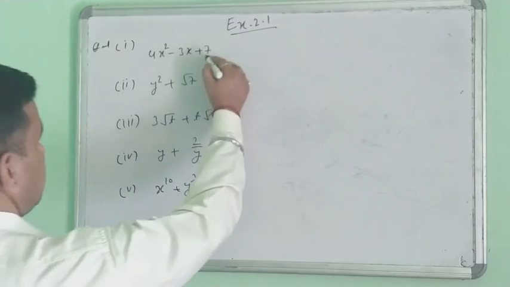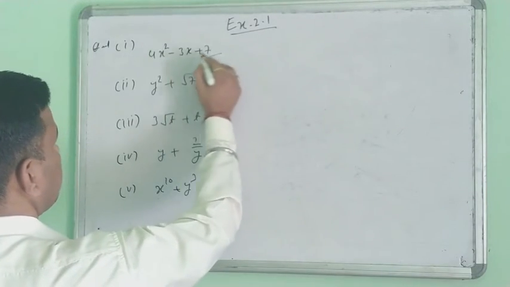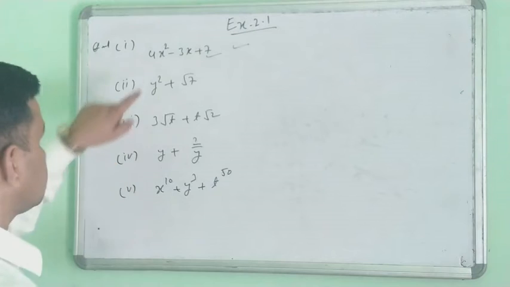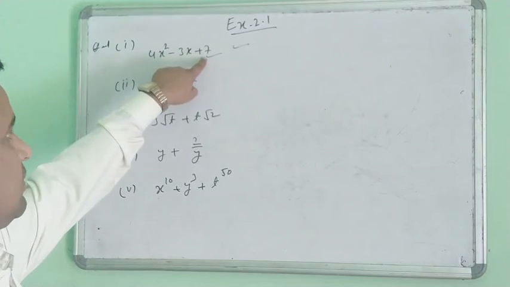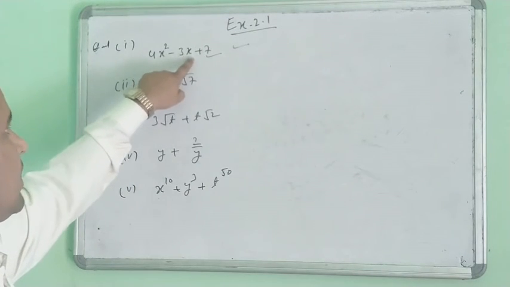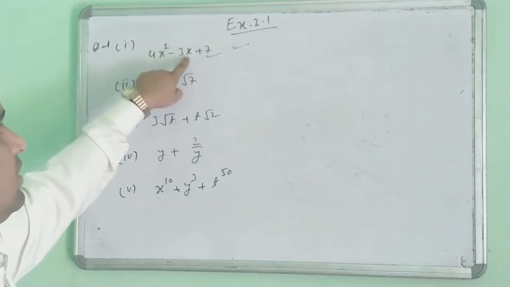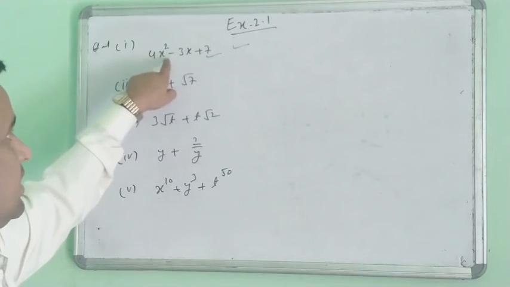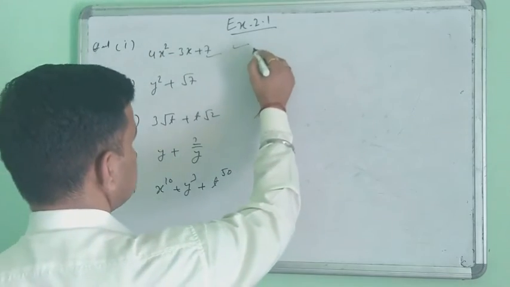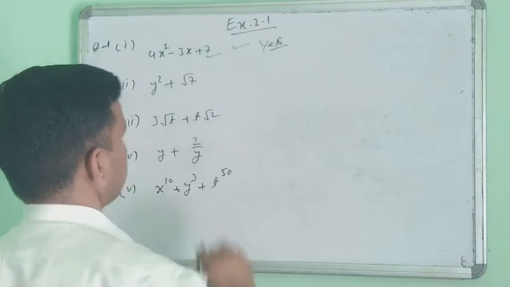Now the first question here. This one is the polynomial form, yes, because 4x square minus 3x plus 7 has no variable with a negative exponent, all positive form. Yes, this is the polynomial form.